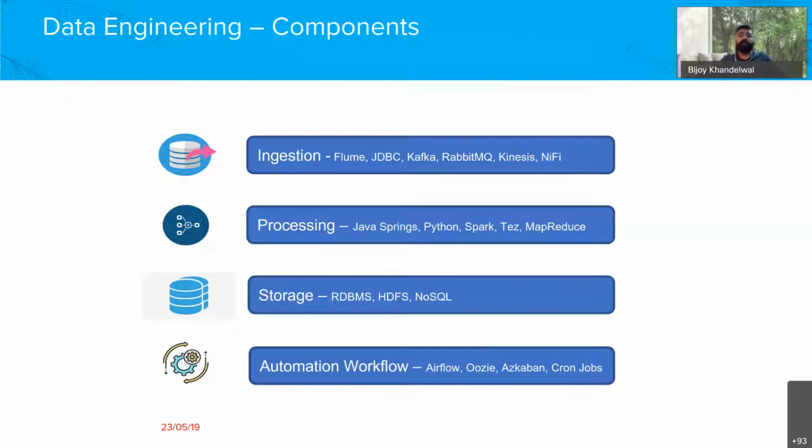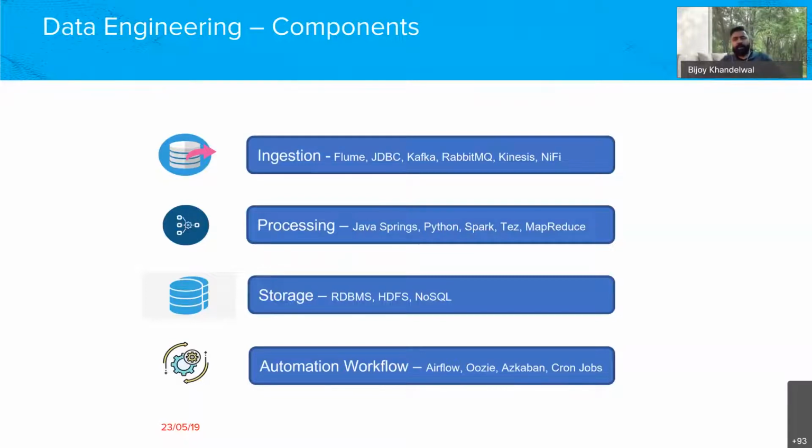And last but not the least, for all this ingestion, processing, and storage, in these times we don't think about manual processing or manual ingestion or manual storage. We always look at automating the flows. There should not be any human intervention, as Hindol talked about in the first slide. So we have automation workflows or workflow orchestration tools.